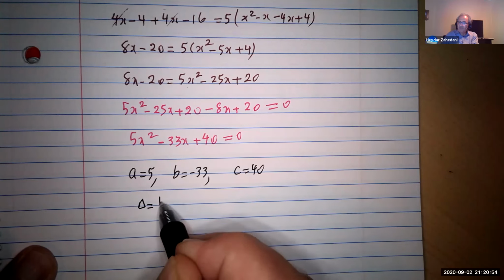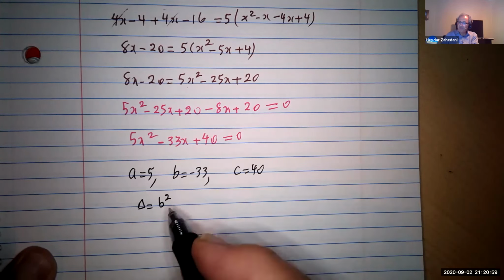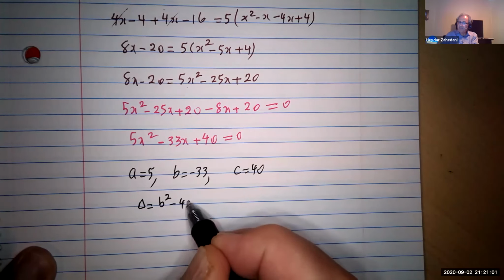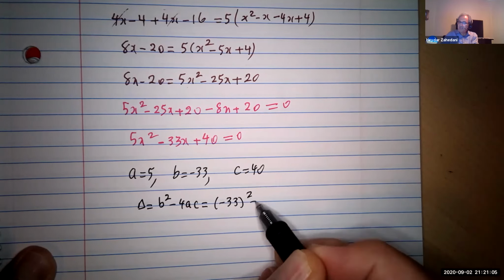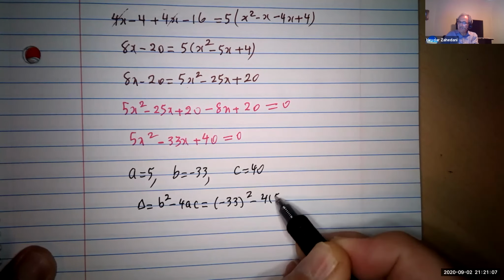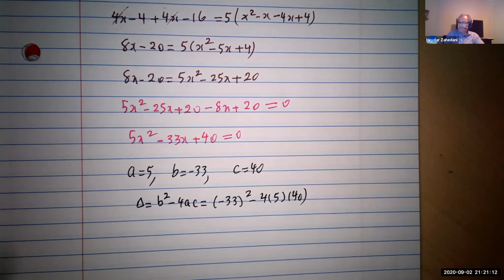So delta would be what? It is B squared minus 4AC. So that gives us negative 33 squared minus 4 times 5 times 40. So what is going to be this one now?